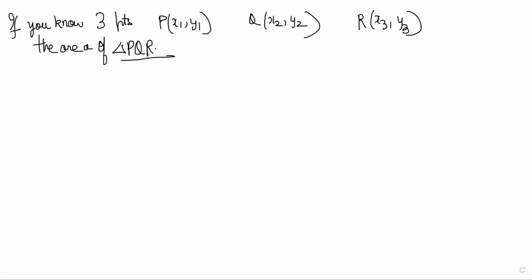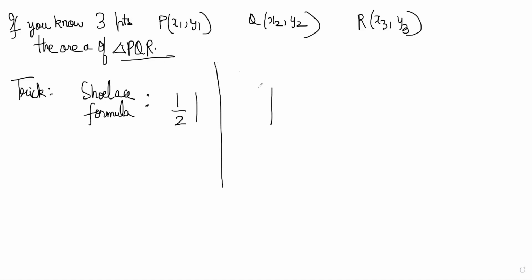So, a nicer way would be this method. I will just tell you the trick. This is called the shoelace formula. Shoelace formula. If you might have seen it somewhere, I don't know. So to find the area of the triangle when the points are known, it is given by half of mod of some quantity that we are going to see.